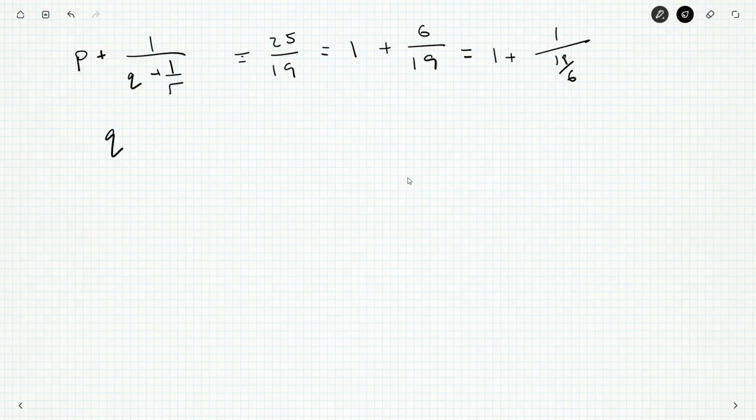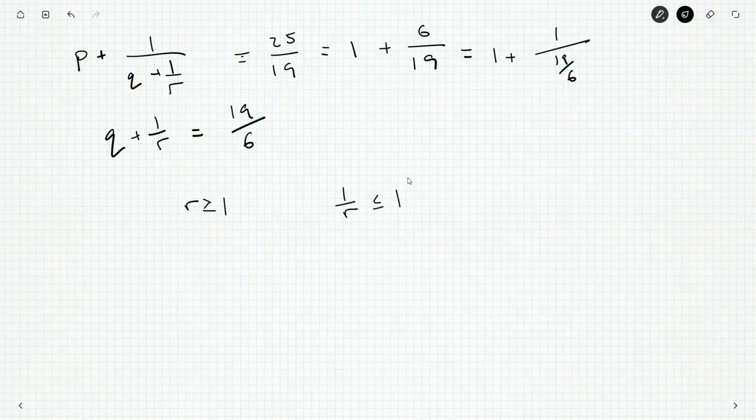Well, I could set up a brand new equation, 19 over 6. And now I say to myself, R has got to be bigger than or equal to 1. So 1 over R is going to be less than or equal to 1.